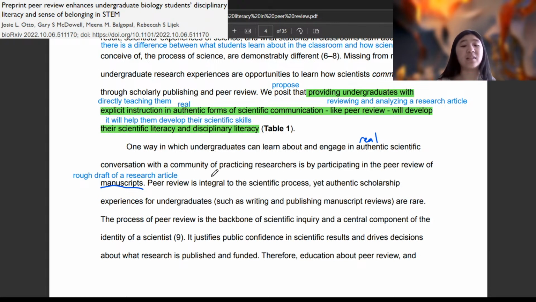So peer review is integral or important to the scientific process. Yet real scholarship experiences for undergraduates, such as writing and publishing manuscript reviews, basically reviewing rough drafts, are rare. So I should write that down. Reviewing rough drafts are rare.